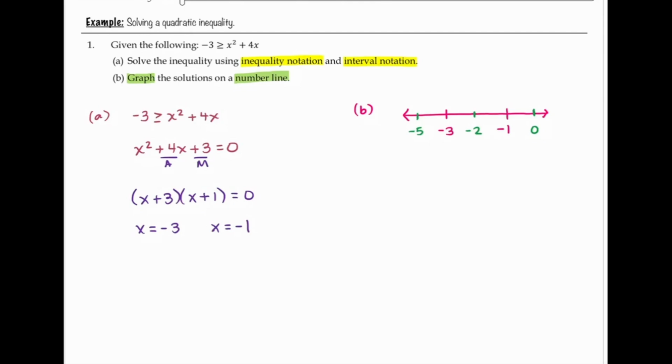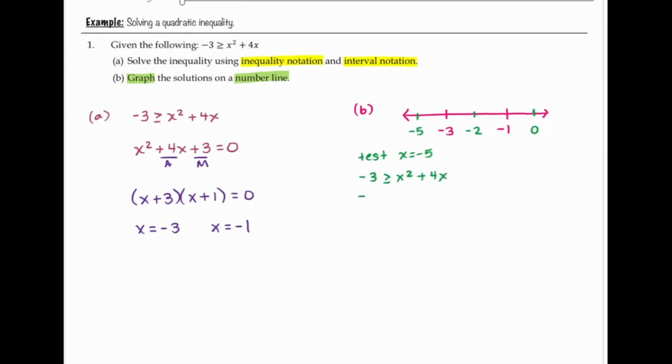So what we're going to do is test if x equals -5. Now, where are you going to test? You are going to test this x value in the original inequality.